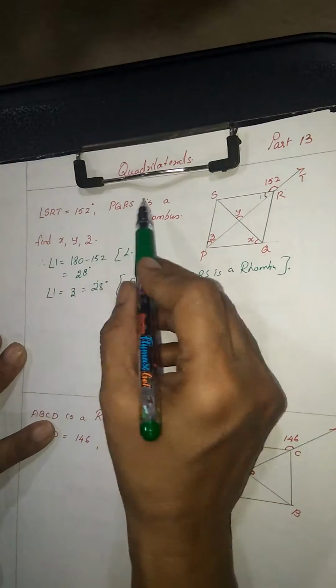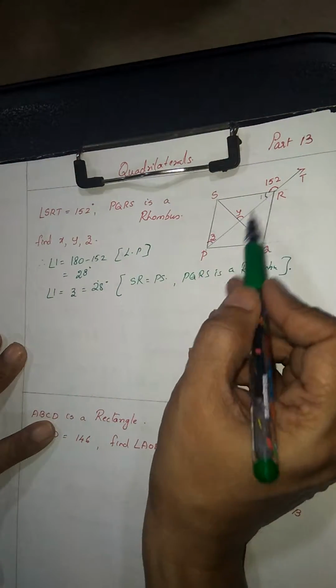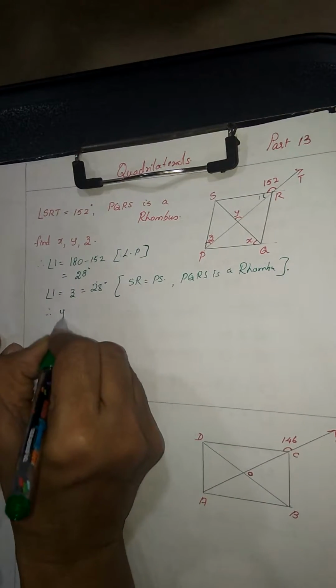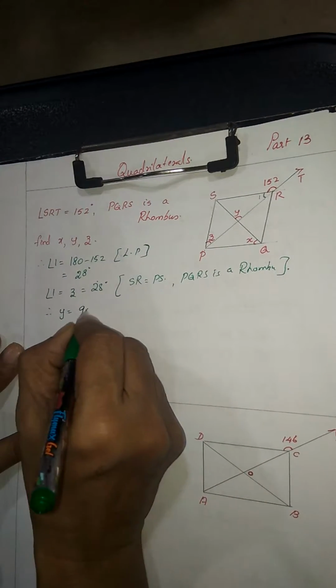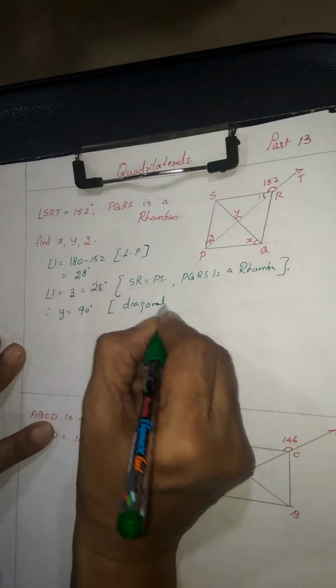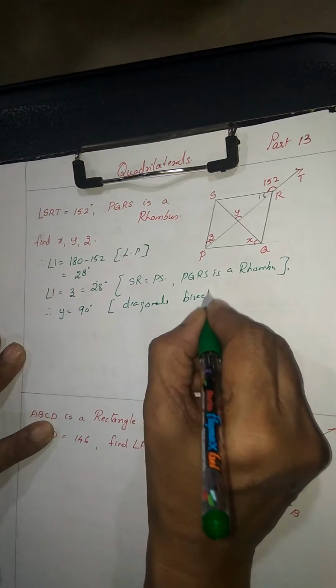Now we got Z. In a rhombus we know the diagonals bisect at right angles. Therefore angle Y is equal to 90 degrees. Reason: diagonals bisect at right angles.